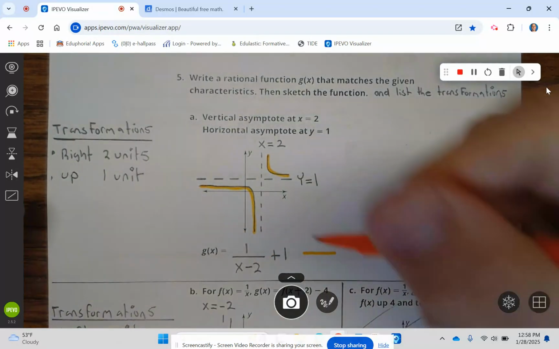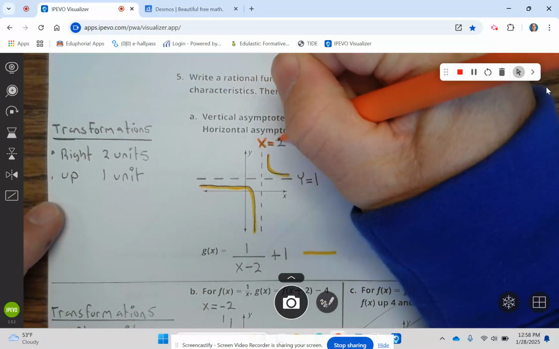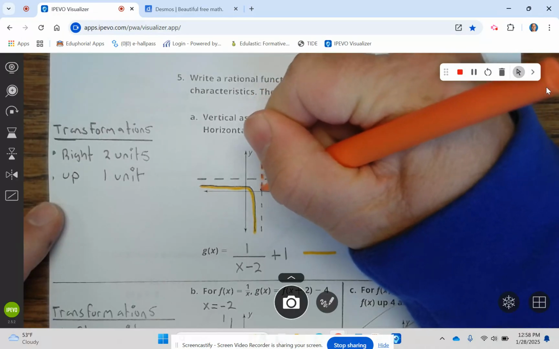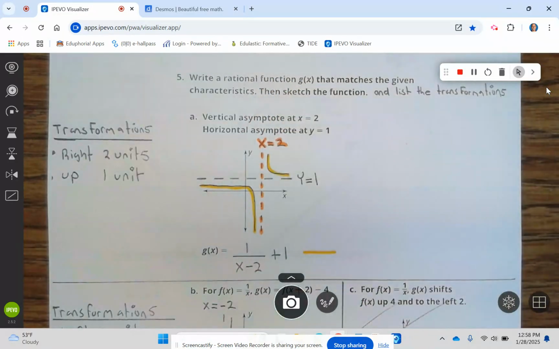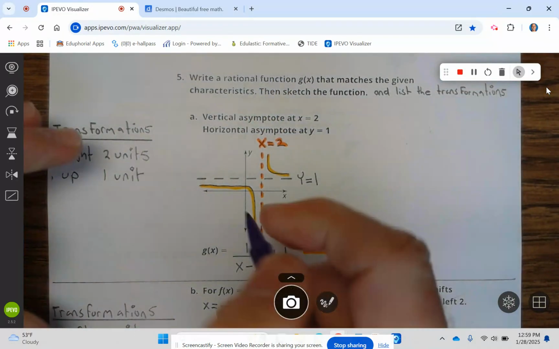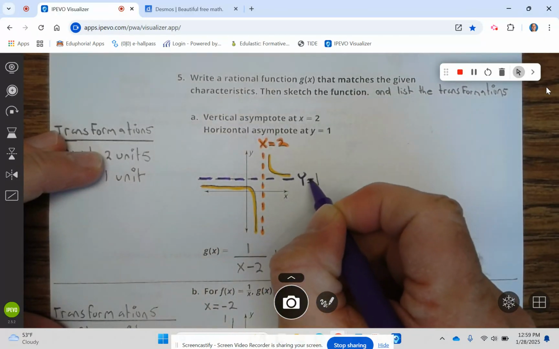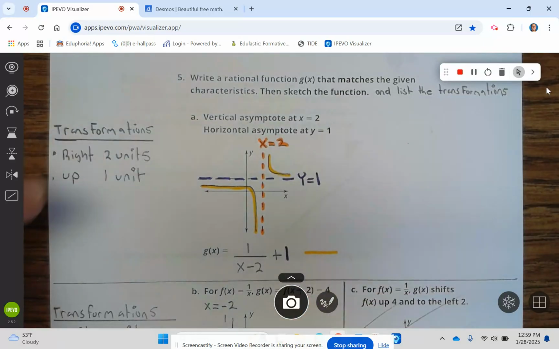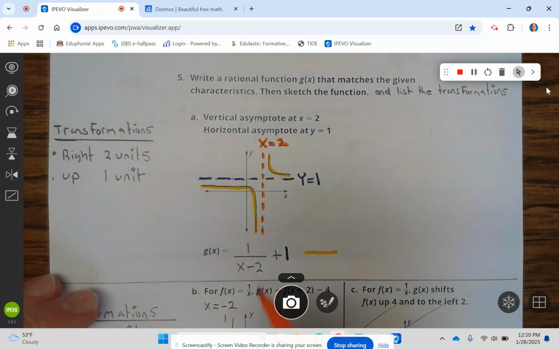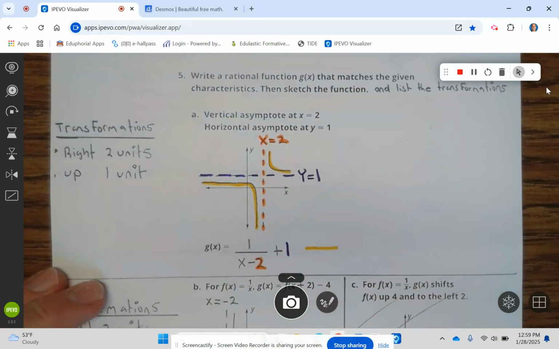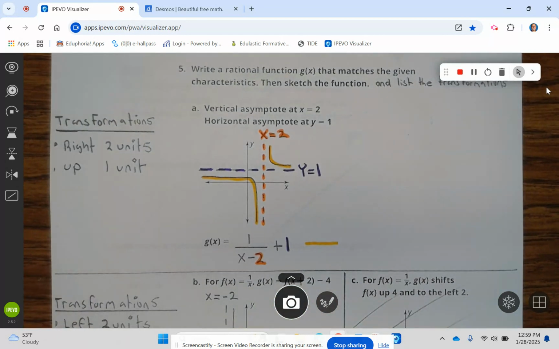Where the vertical asymptote is x equals 2, and the horizontal asymptote is y equals 1. Okay, go ahead and finish up A. And list the transformations, which is right 2 units and up 1 unit.